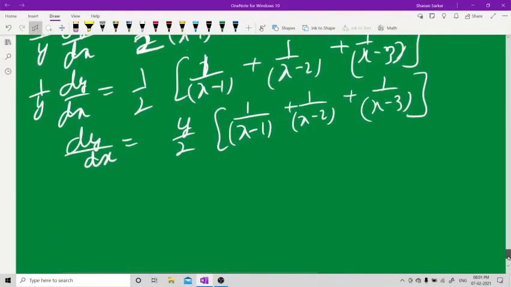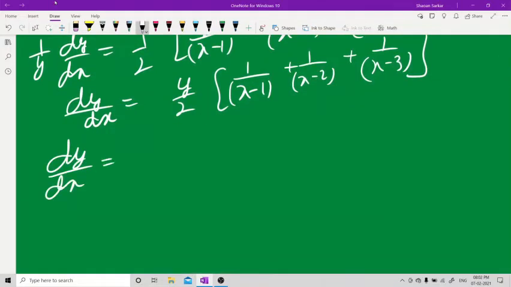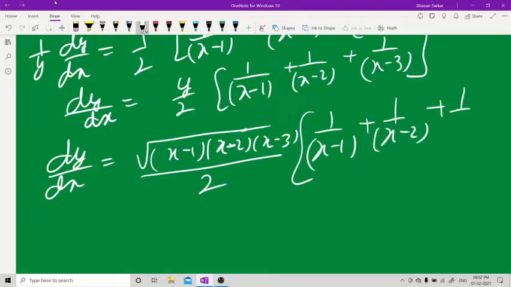Now dy by dx is equal to under root of (x minus 1)(x minus 2)(x minus 3) upon 2, bracket 1 upon x minus 1 plus 1 upon x minus 2 plus 1 upon x minus 3, and so forth.